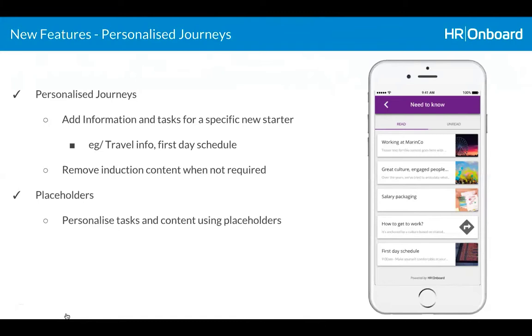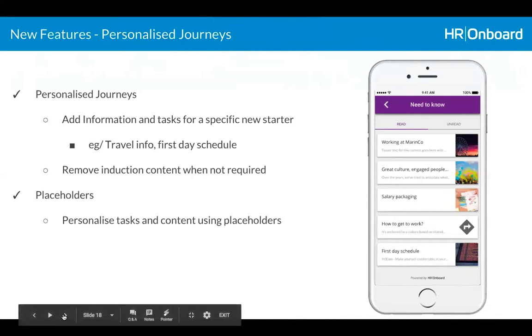And the best example I've seen of this is if you're hiring someone who's literally starting in 2 days' time, sometimes in your journey you might have all this sort of reading type material you put in there. But if someone's starting tomorrow, you might need to fast track them, and you might want to remove some of that induction journey content. So it's another good reason why you might want to personalize the journey.